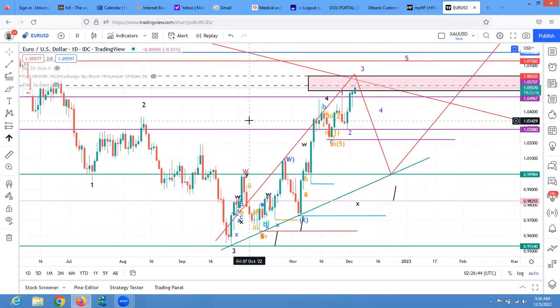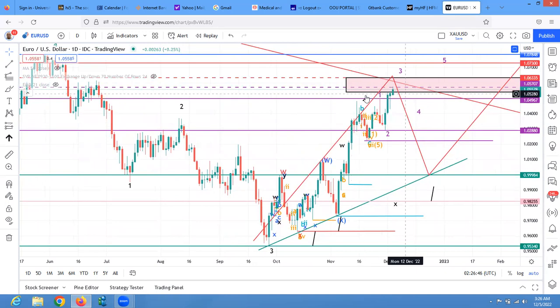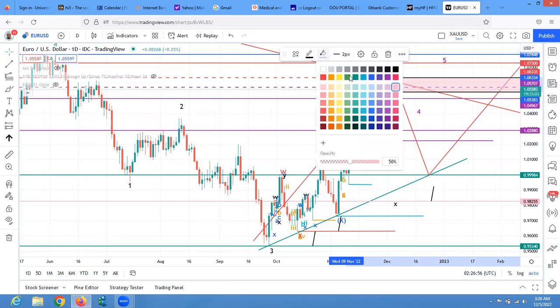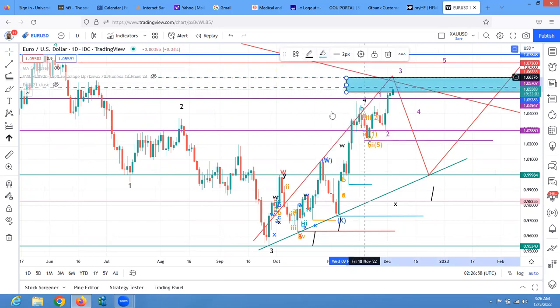Now, I haven't done this. So this is where we expect that price between this zone here and here, that's where we expect price to react.